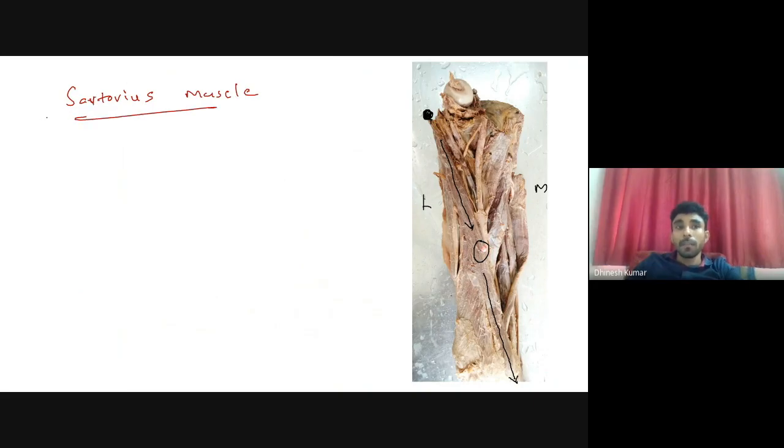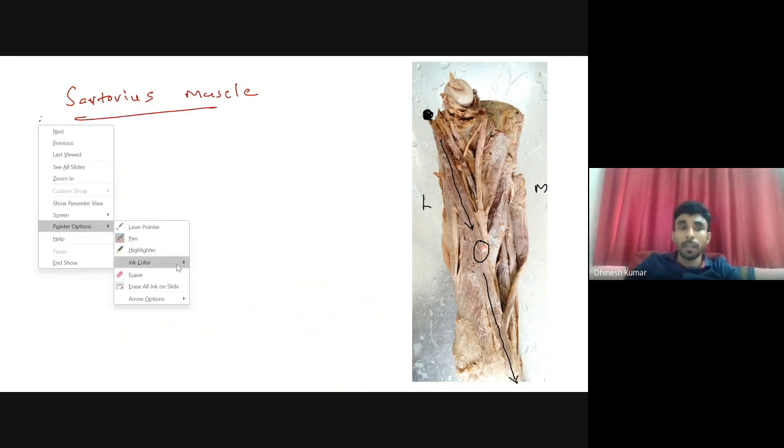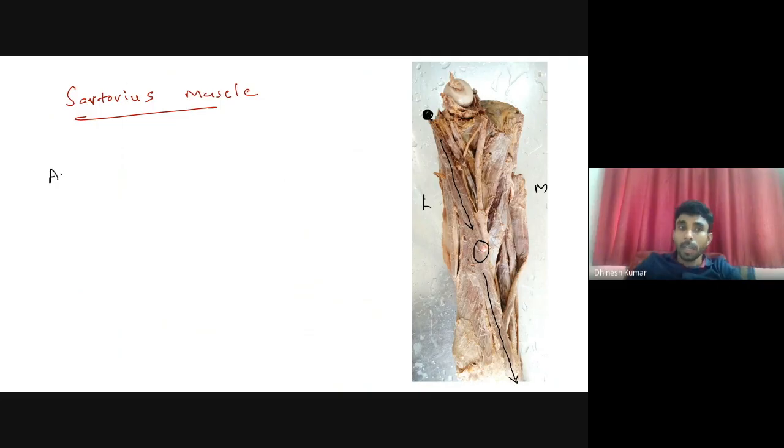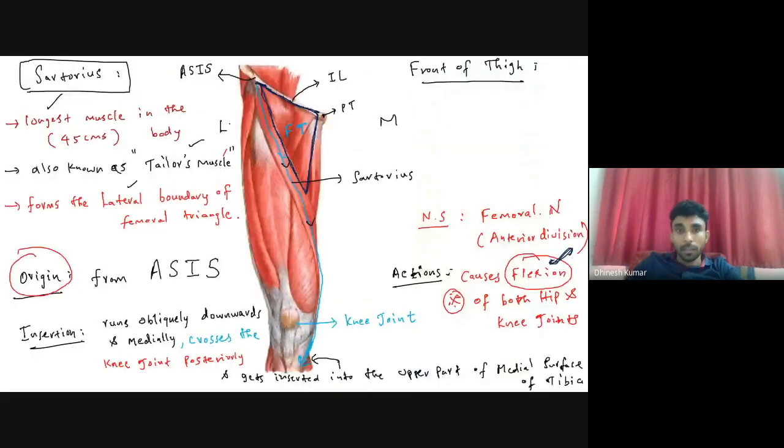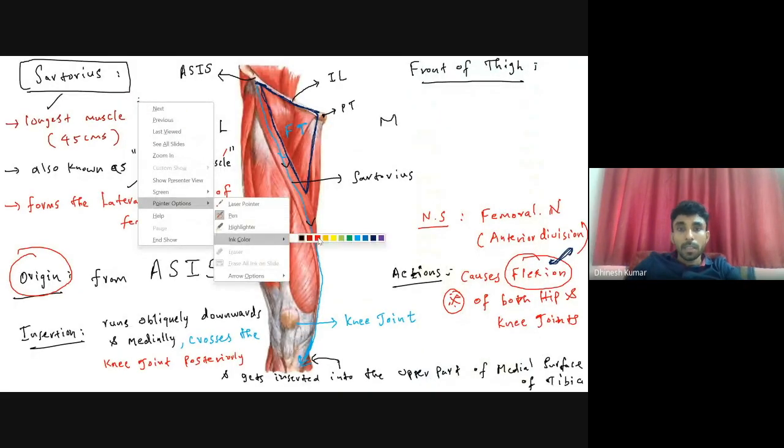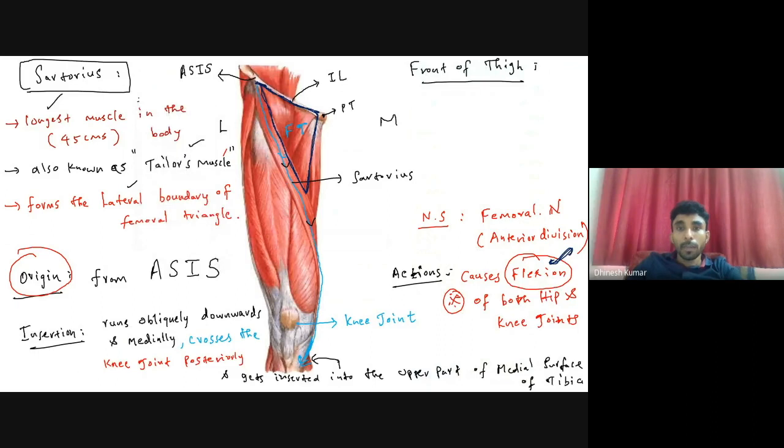And what will be the subquestion for any muscle? It may be attachments, nerve supply, action, anything, okay, fine. Attachments means origin and insertion. So what about the origin and the insertion of the sartorius muscle? See this image showing the sartorius muscle, which is already labeled.